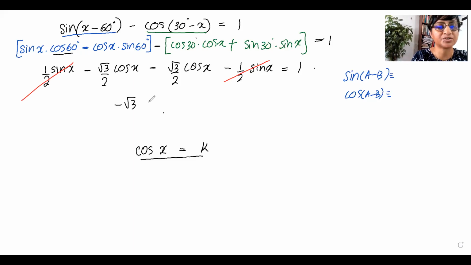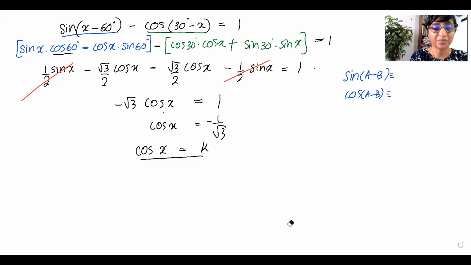Minus root 3 cos x equals 1. I'm almost there. We are almost at our destination. Now I just need to make cos x the subject because that's what they want me to do. So it will be minus 1 over root 3. I got what I need.